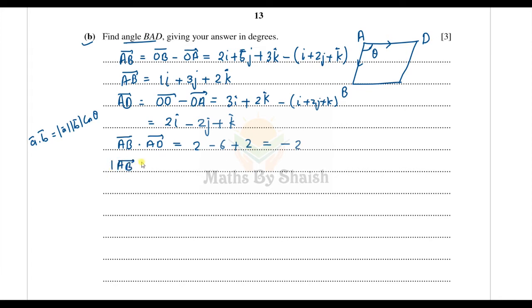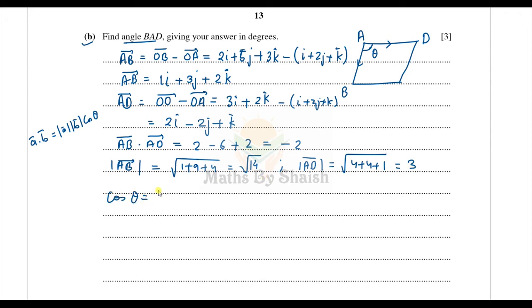And we require the magnitudes also. The magnitude of AB vector is going to be root of 1 plus 9 plus 4, that is root 14, and the magnitude of AD vector is root of 4 plus 4 plus 1, that is 9, and hence it is 3.